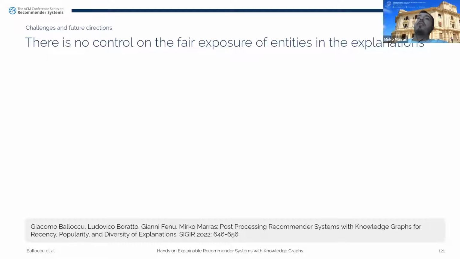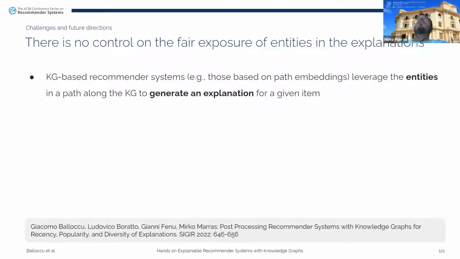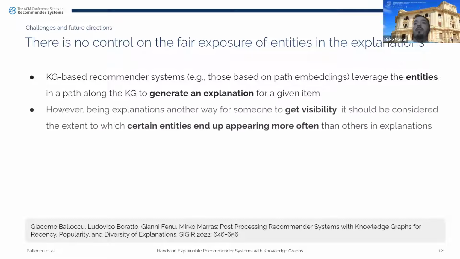Again, knowledge-based recommender systems, such as those based on path embeddings, leverage the entities in a path along the KG to generate the explanation for a given item, as Giacomo showed. In the movie domain, for instance, possible entities include the movies, the actors, the directors, and so on. However, explanations being another way for someone like an actor or a director to get visibility, we should consider the extent to which certain entities end up appearing more often than others in explanations.